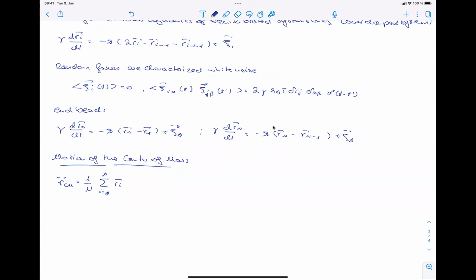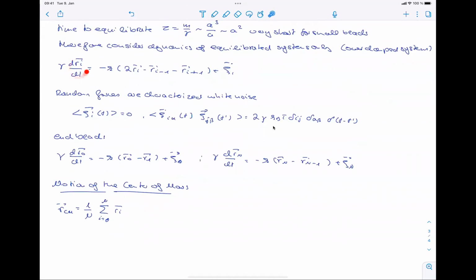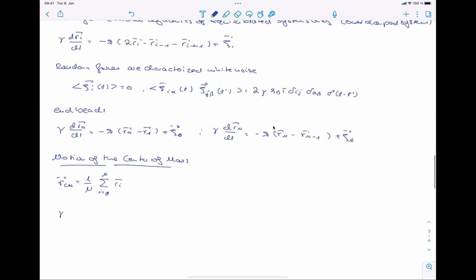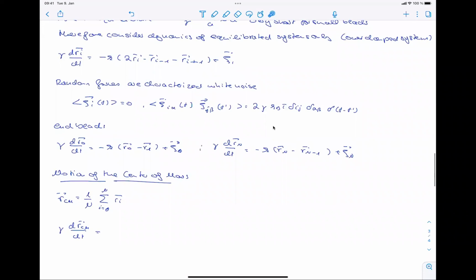And so we can equivalently sum over all these terms. So that says then that gamma dR center of mass dt is given. And so what we find here is now that all the springs, because they are oppositely symmetric in all neighbors, if I sum over all of them, all of these terms cancel out. And the dynamics of the center of mass is really just driven by the thermal noise.